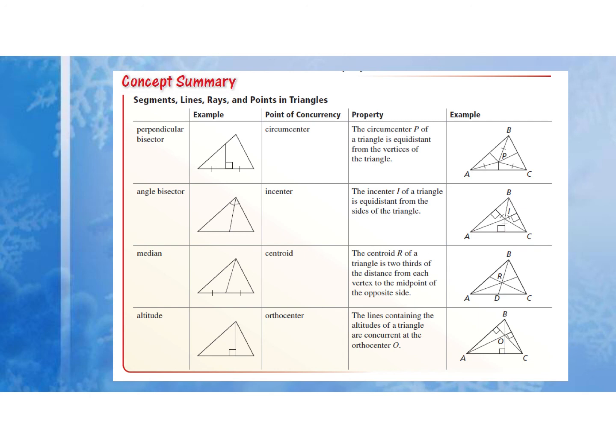So it's just describing the property. And then the last picture has all of them drawn in. So a nice little summary of your segments. That concludes all the information that you're going to need for Tuesday's quiz.